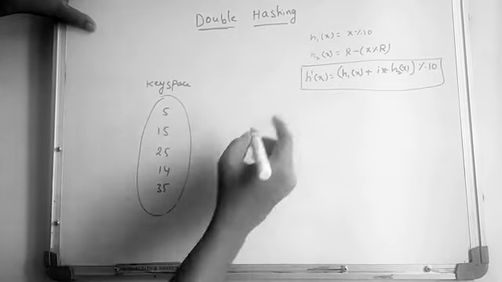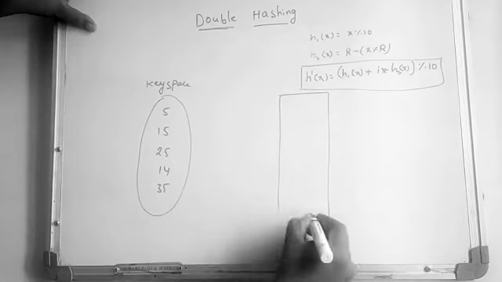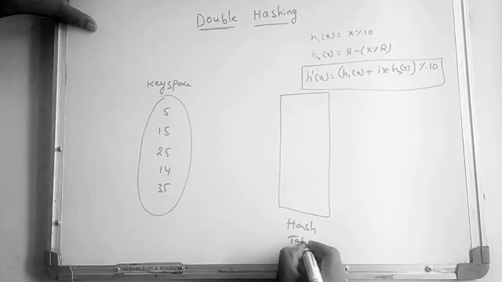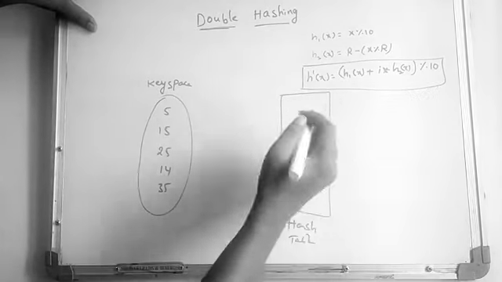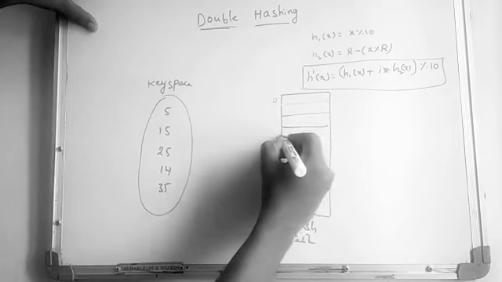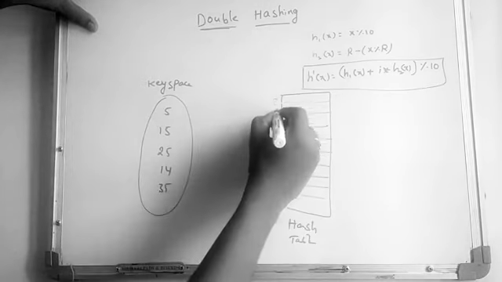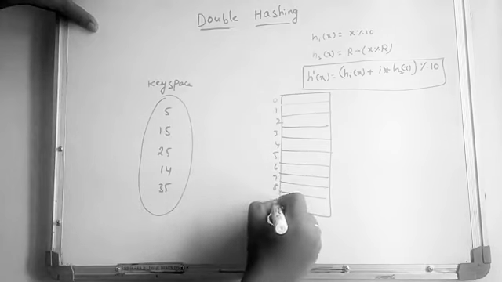Next, the hash table, which in the sense is memory. How many blocks do you have to divide it into? 10, so 0 to 9.